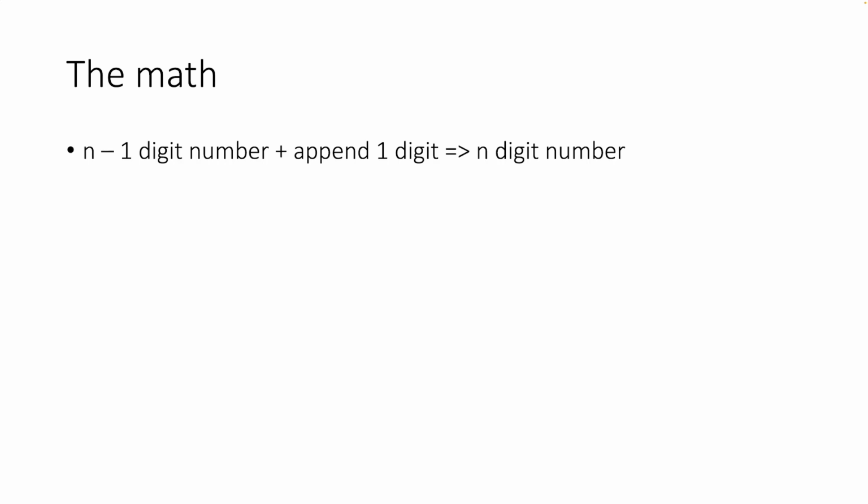Now for the math. The second step is usually the tricky one, because we will always need to write some mathematical expression for it. In this case, the math is quite intuitive. It's reasonable to think about how we can get to an n-digit number. We can get to it by appending a digit to an n-1 digit number, resulting in an n-digit number.